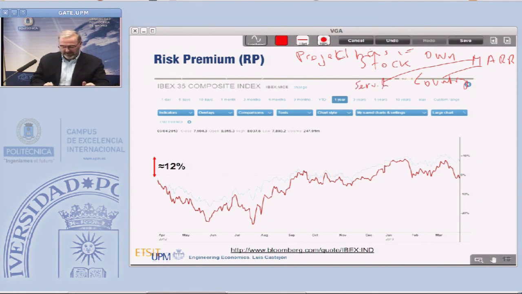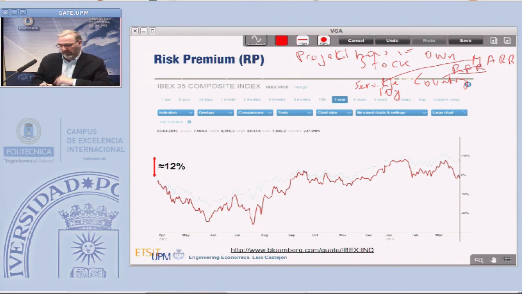So if the service life of the project is, for example, 10 years, we will look at government bonds to know the risk-free rate. We will go to government bonds of the country where we are developing the project.